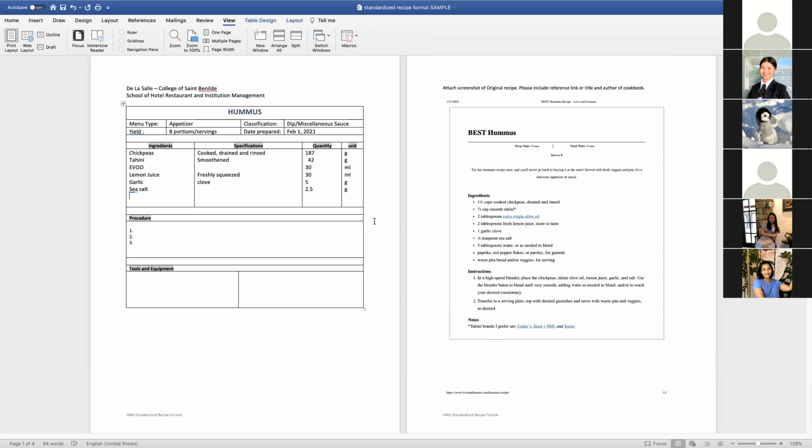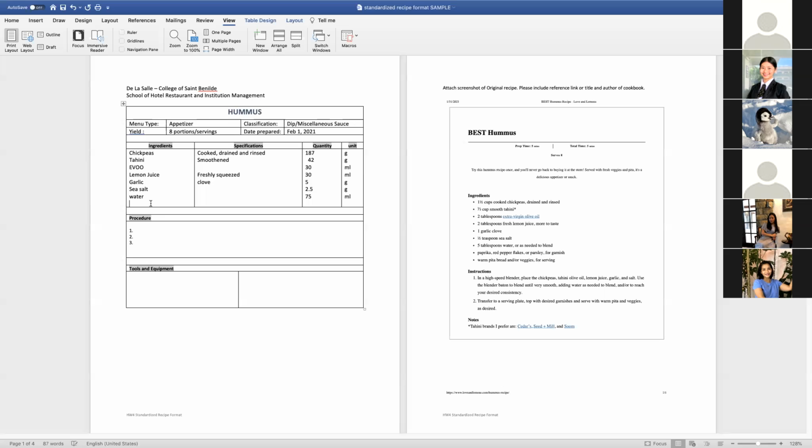Where are we? Water. It says there 5 tablespoons, and we know that 1 tablespoon of water is actually 15 ml. So 15 times 5, 5 tablespoons, is 75 ml of water.